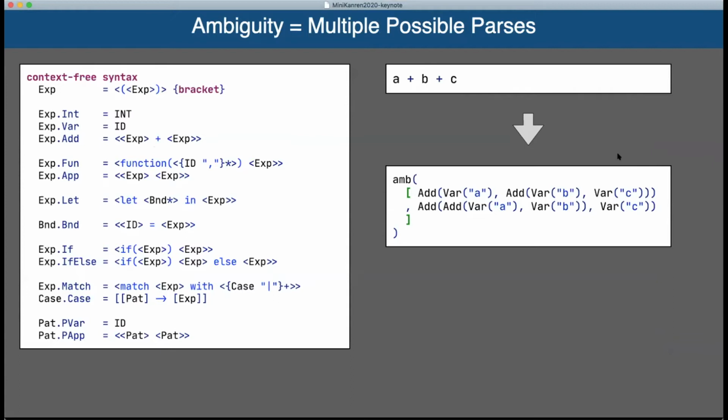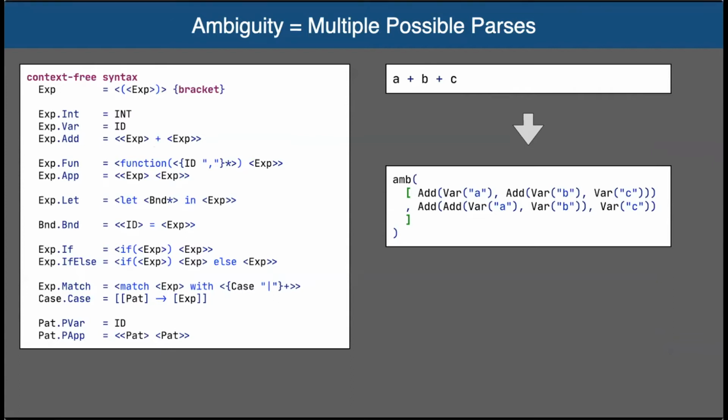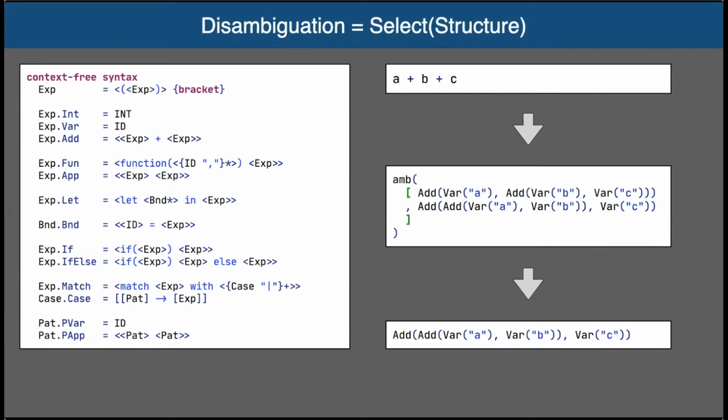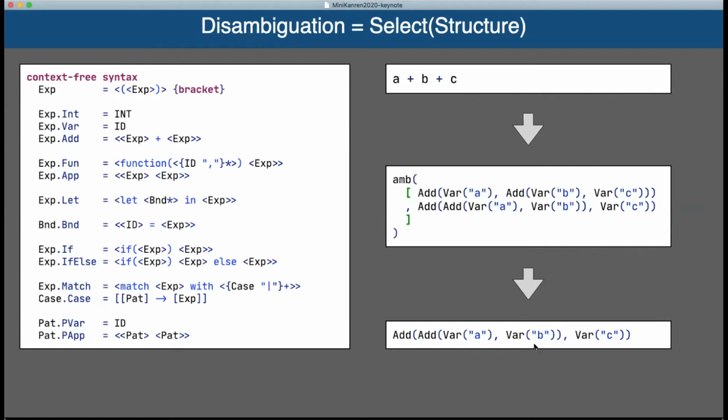And so what is disambiguation? So often that is interpreted as, well, now we have to rewrite the grammar to be unambiguous. Another view of disambiguation is that it is selecting a preferred tree from the set of possible trees, right? So here, if you say that I would like addition to be left associative, then you choose the second tree rather than the first tree.